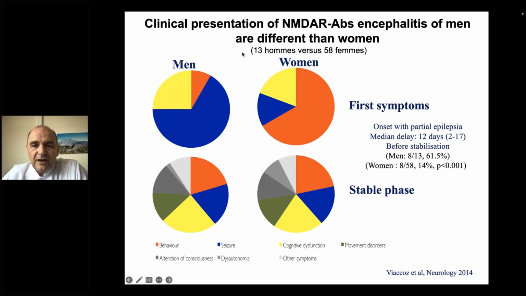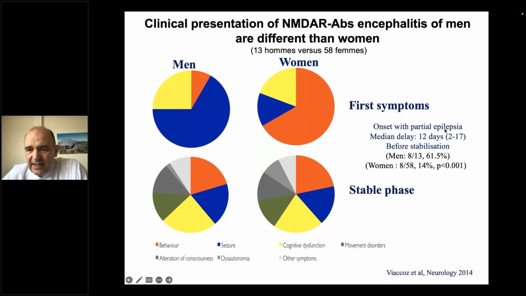But the first symptoms are mainly partial epilepsy in men rather than behavioral abnormalities. And so it's very important to evoke the diagnosis. If you are a man with partial epilepsy and normal brain MRI, you have to think about NMDA receptor encephalitis and perform a CSF study to look for NMDA receptor antibodies.